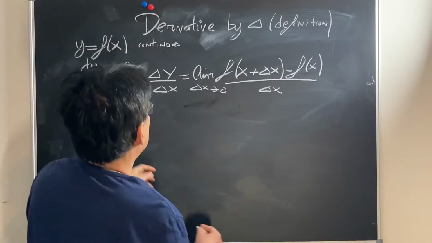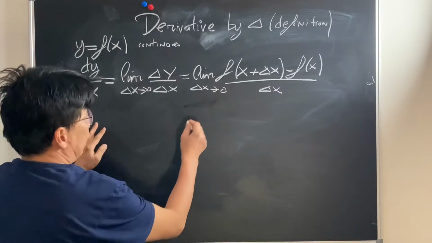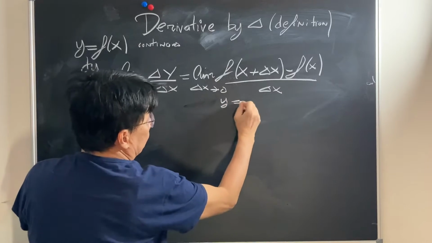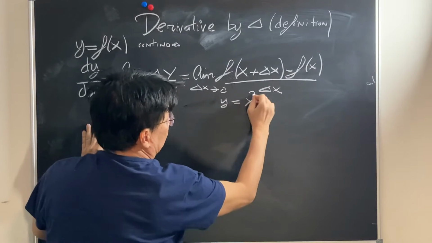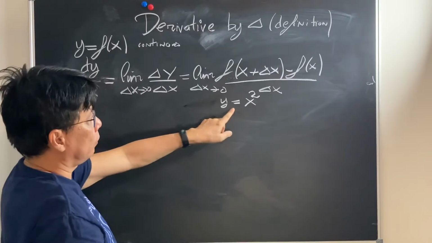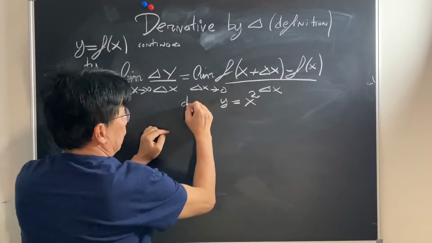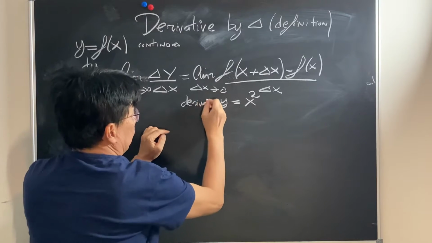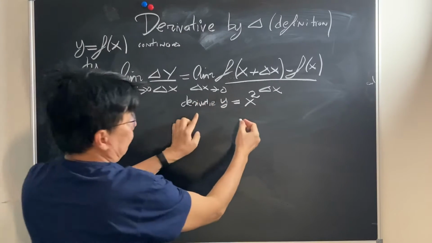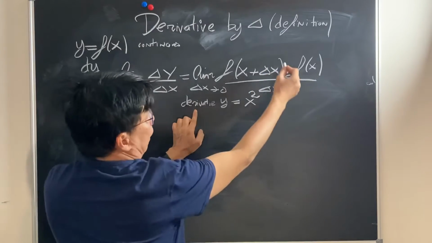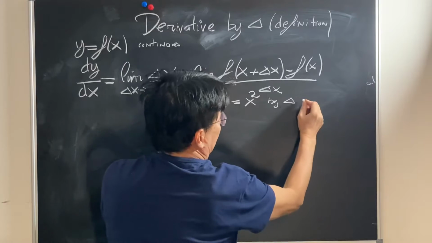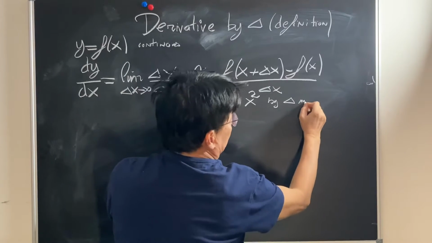Now let's say we have y equal x squared. Let's take the derivative of this y equal x squared by the delta method.